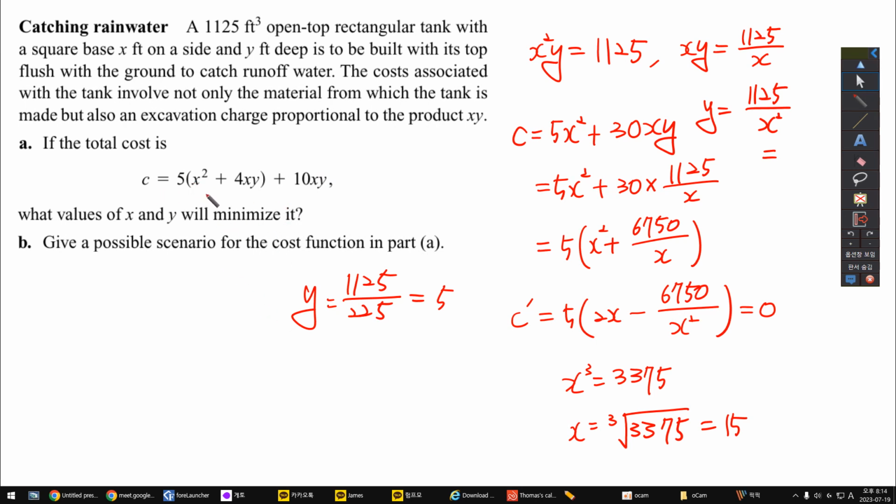And this cost is composed of two parts. This one is used for making the tank, and this one is used to make the excavation. So that's why the total cost is the sum of these two.